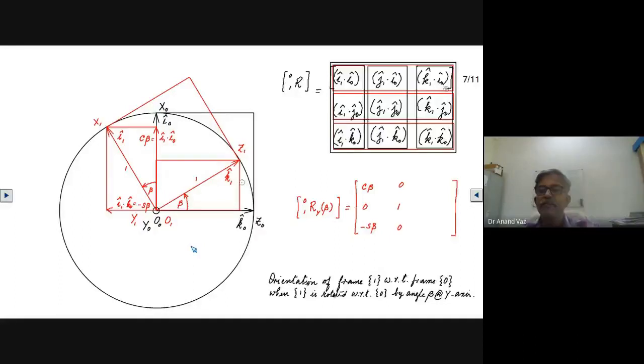Then k1 dot i0. k1 is here and i0 is here. So it is a projection over here. This projection we identified like this. This is k1 dot i0.